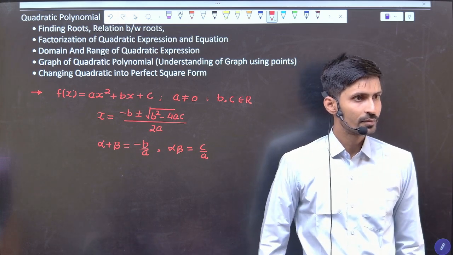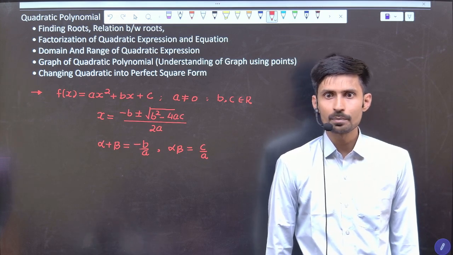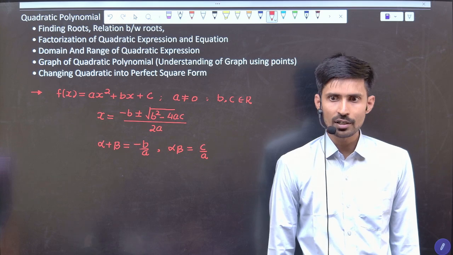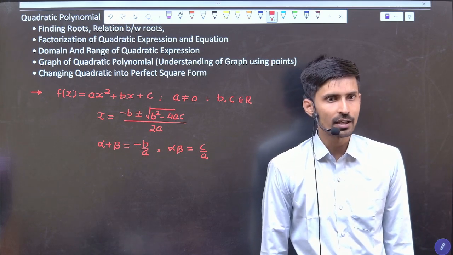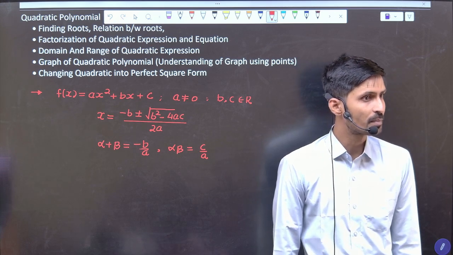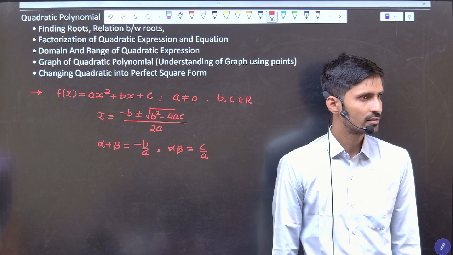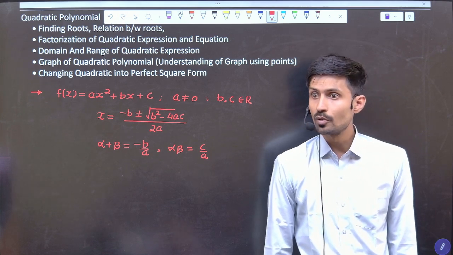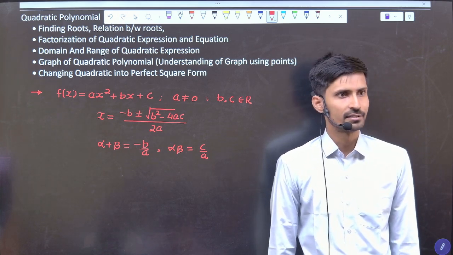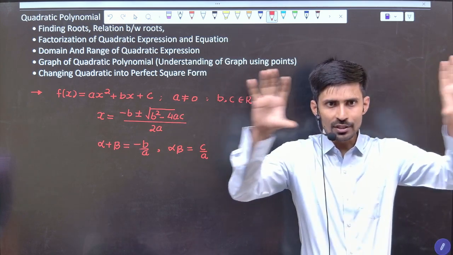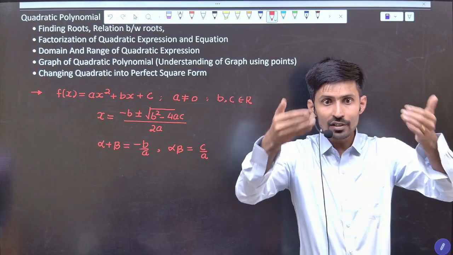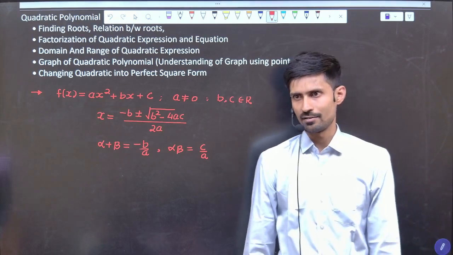To remember, take the sin²x + 1 upon sin²x + 3 question. What was the question? Find the range of (sin²x + 1)/(sin²x + 3). That question was very easy. One basic understanding was required, after that calculation.